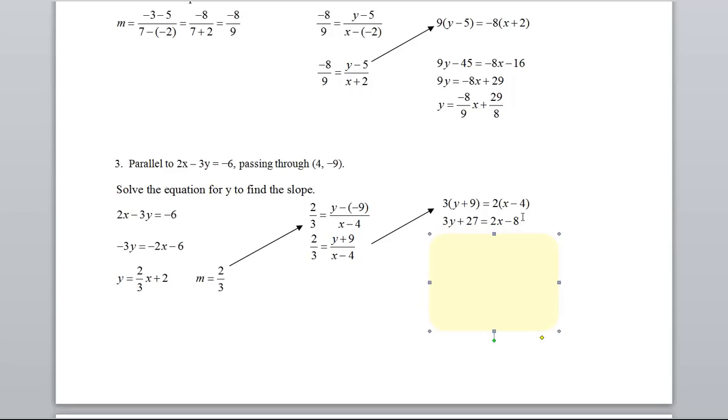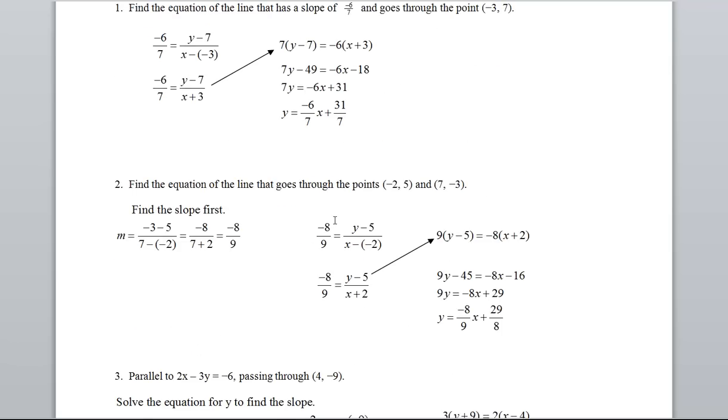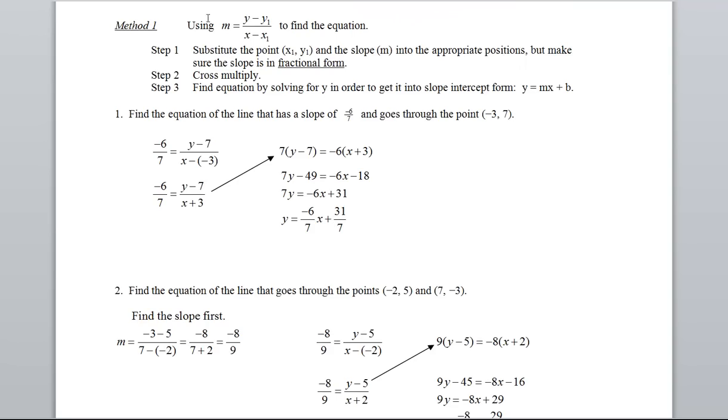And distribute through, and that's all that is, multiplication. Subtract 27, that would give me a negative 35. And then divide by 3. Boom, there's my slope.